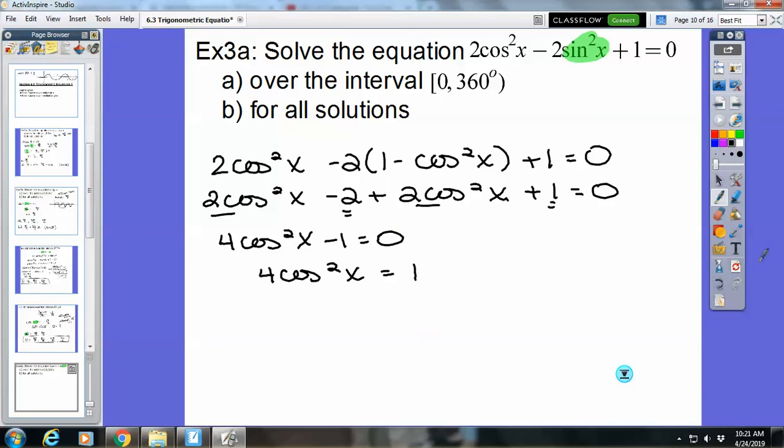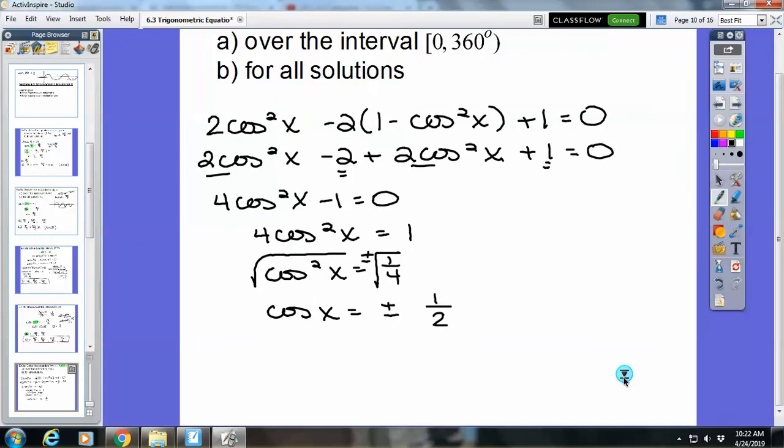Do I have to worry about double solutions or answers that don't work on this? No, because my angle is an x. That's only if it's like x over 2 or 2x or 3x, something other than x. So this is just like normal problems. Divide by 4. To get rid of a square, we square root. With that, you do plus and minus. So cosine equals plus or minus square root of 1 is 1, square root of 4 is 2.